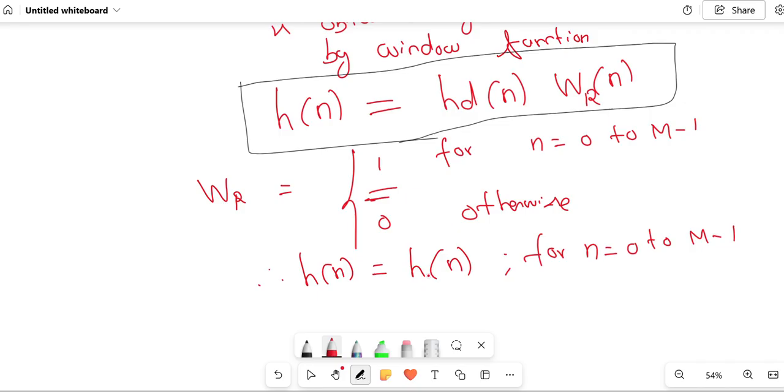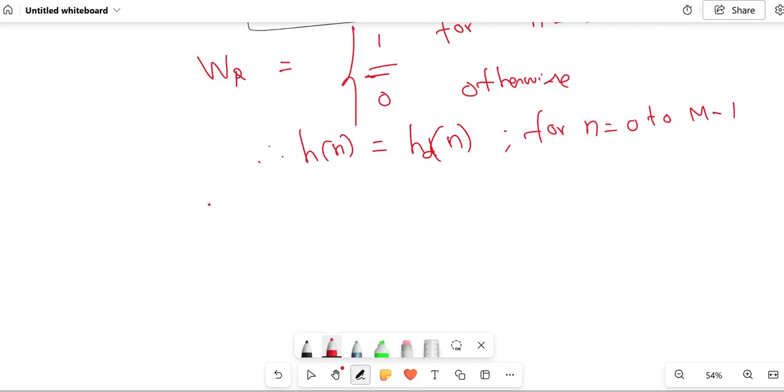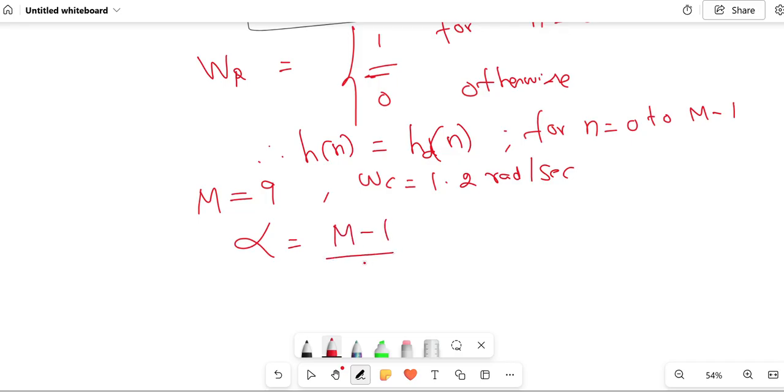So, what is the M value? M value is equal to 9. Omega c is equal to 1.2 radians per second. So, what is alpha here? Alpha is equal to M minus 1 by 2, which is equal to 9 minus 1 by 2, which is equal to 4.